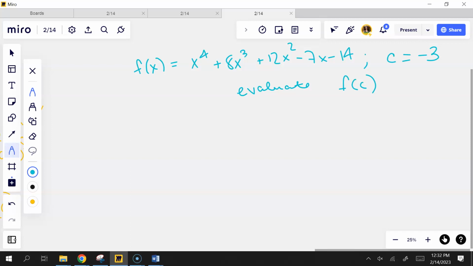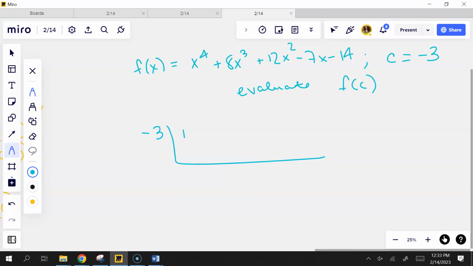You can plug in to find a remainder or divide to find the remainder. So you would use -3 in this case, because that is your c. The directions would literally say use the remainder theorem to find f of -3. And that would mean dividing by x plus 3.